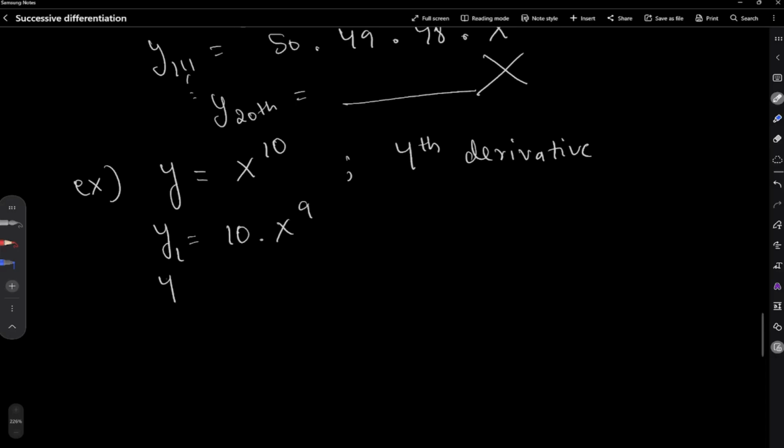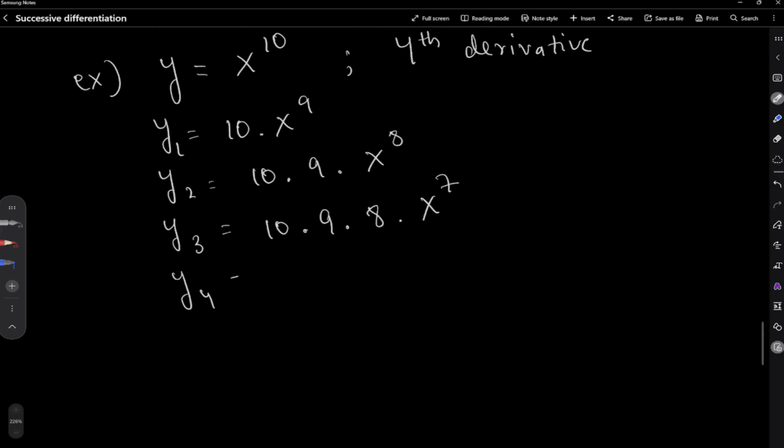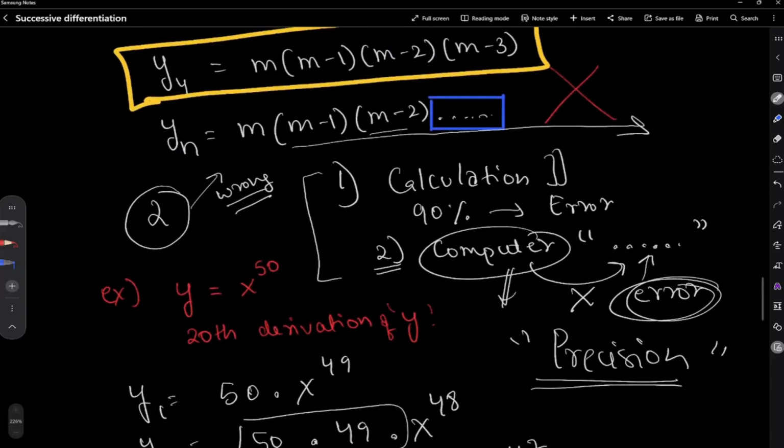The second will be 10 times 9 times x raised to the power 8. The third will be 10 times 9 times 8 times x raised to the power 7. And my last one will be 10 times 9 times 8 times 7 times x raised to the power 6.